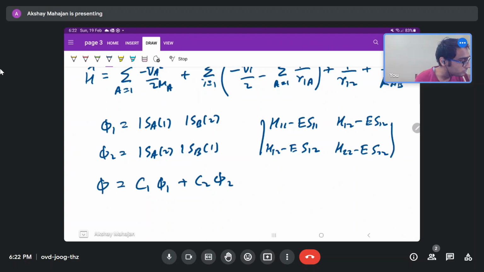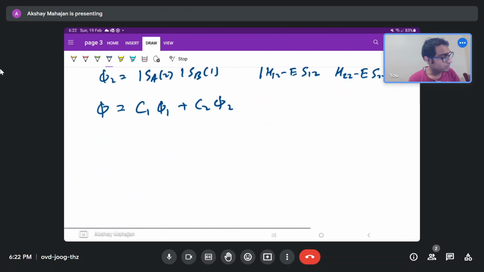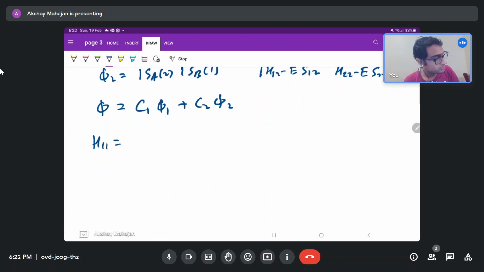You have to make this 0, so you have to solve this determinant, and as we solved last time, the matrix elements you will get are 1 minus 1 plus J in atomic units.